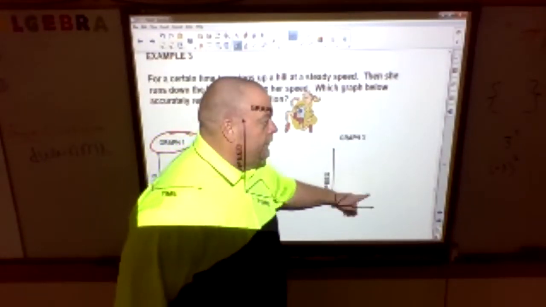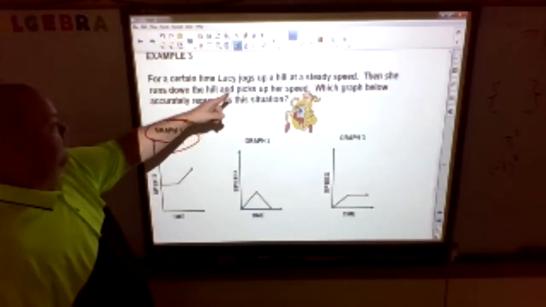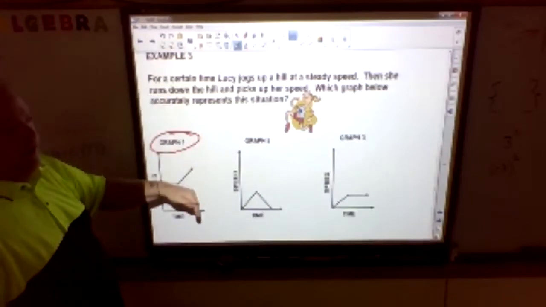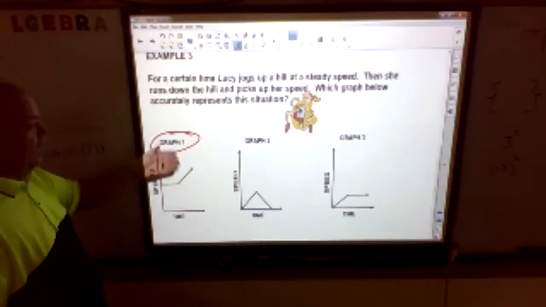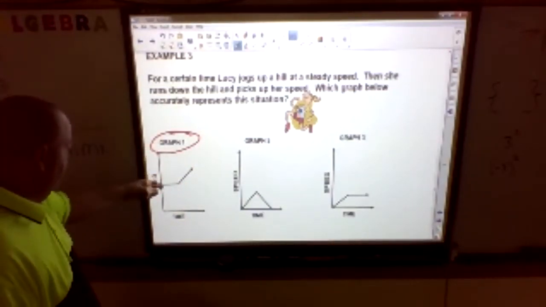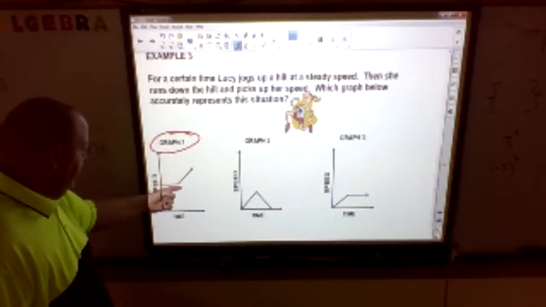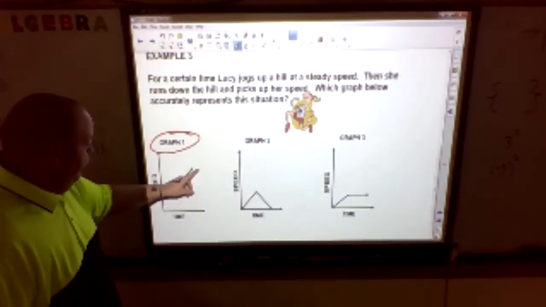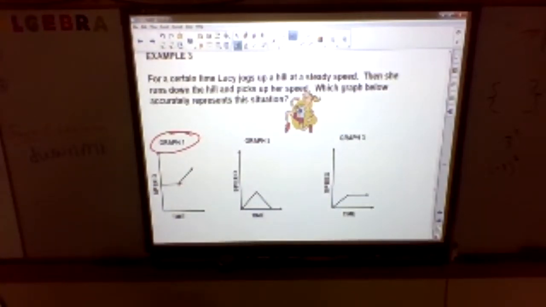This one, she was going fast, then she steadied out. The question said we started out steady and then we went down. That is why we're choosing this one as the answer, because it starts out steady in regards to time and speed, and then it increases also in regards to time and speed.